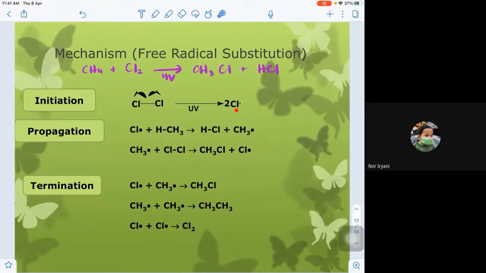This is what happens in the first step. If we are using bromine, in the first step we will have Br2, half-headed arrow, turns to 2Br radical. Don't forget to have UV.